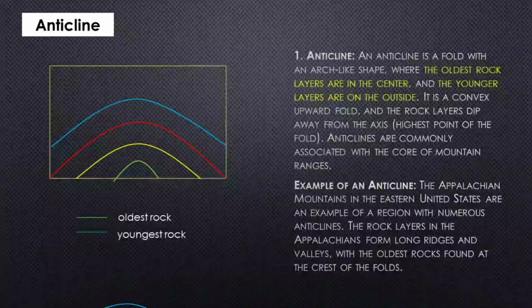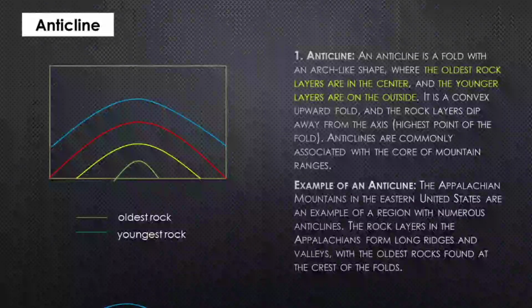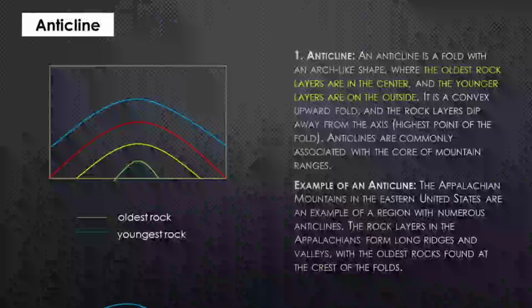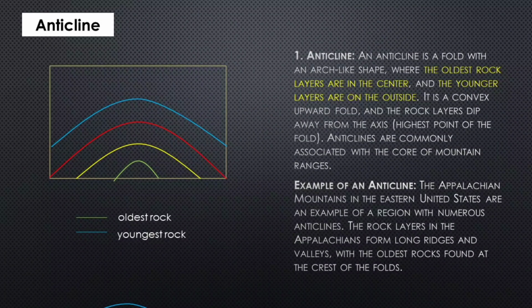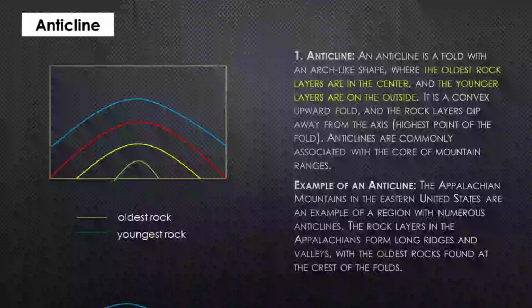So the green is the oldest layer that is in the center, and the blue is the youngest layer that is on the outer side. And these rock layers dip away from the axis, the highest point of the fold. I will do some separate videos on this dip in future videos. These anticlines are commonly associated with the core of mountain ranges.